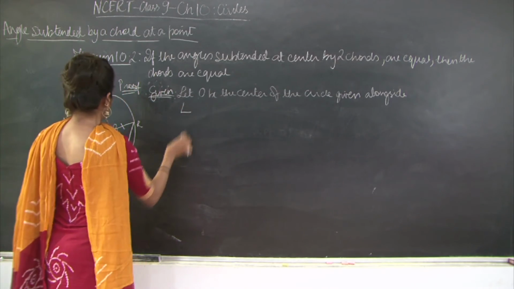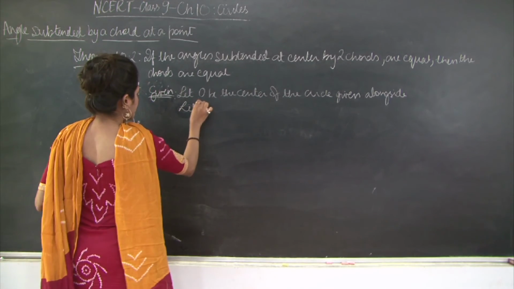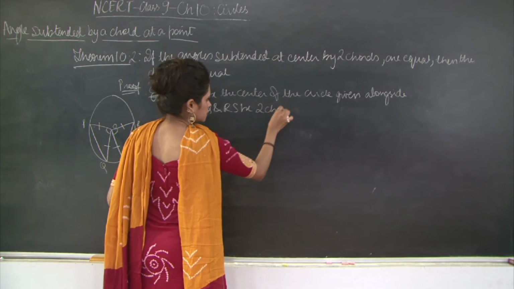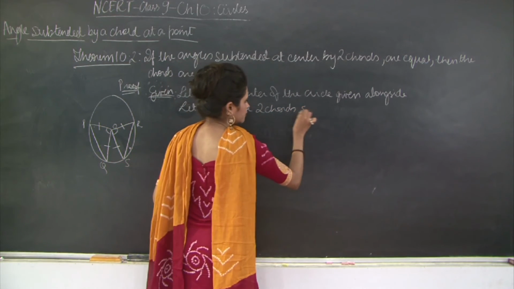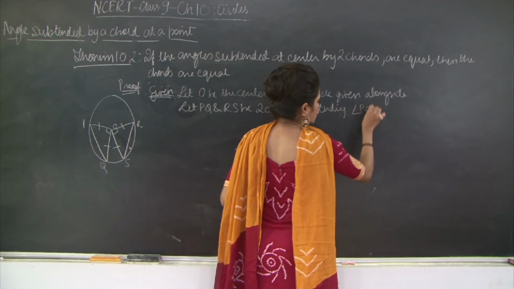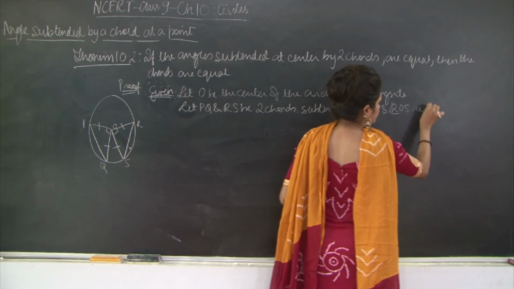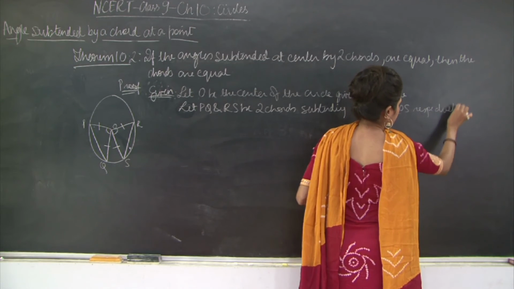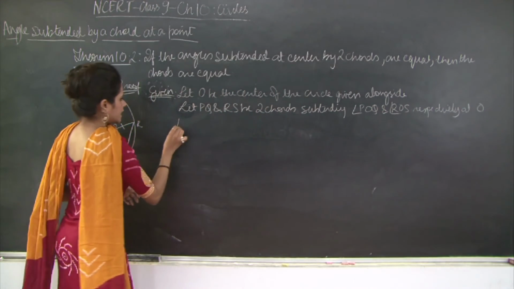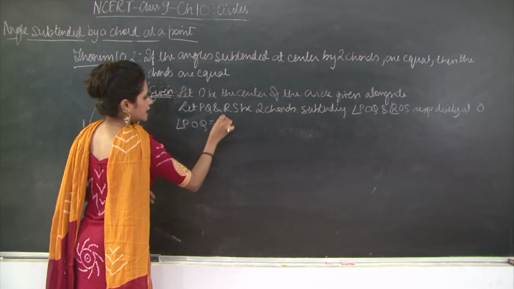Then let PQ and RS be two chords subtending angles POQ and ROS respectively at O, and also angle POQ is equal to angle ROS.